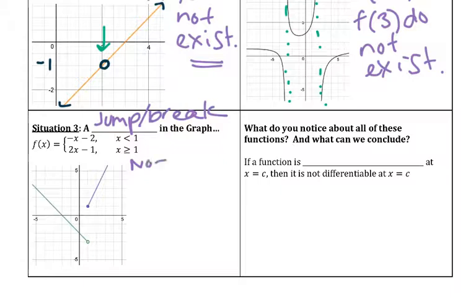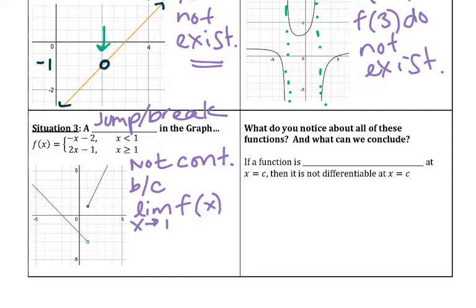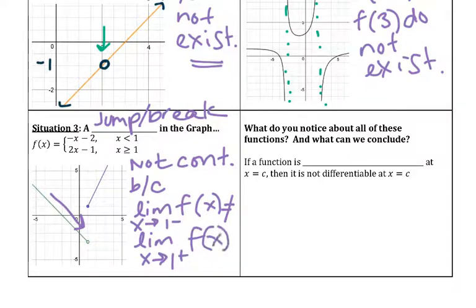It's not continuous because, and I'm abbreviating here for continuity, the limit as x approaches 1 of f of x, and we're approaching from the left here, is not equal to the limit as x approaches 1 from the right. So the overall limit at x equals 1 does not exist because we're approaching two different numbers from the left and the right.